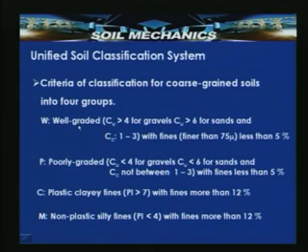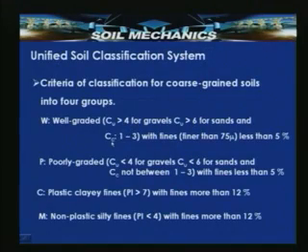W is well graded, that is what we have discussed. Once we know the gradation of a given soil, once you know D30, D60 and D10, we can determine the coefficient of uniformity and the coefficient of curvature. Coefficient of uniformity Cu is D60 by D10, and coefficient of curvature Cc is D30 squared by D60 times D10. If Cu is more than 4 for gravels and more than 6 for sands, and Cc is 1 to 3, with fines finer than 75 micron less than 5%, then it is called well graded.